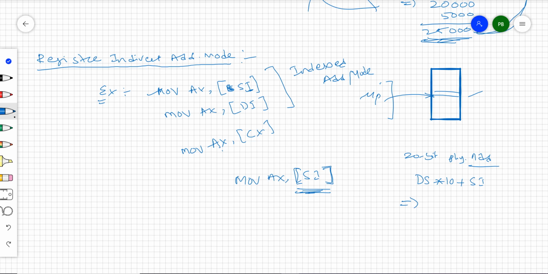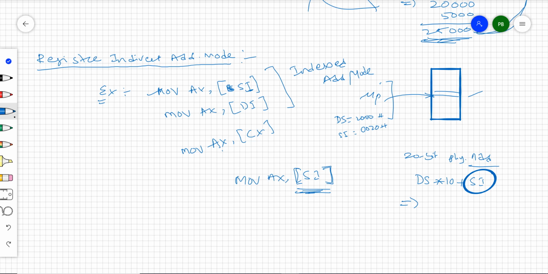Previously we directly placed some data in the brackets; here, indirectly, one register, the index register, is providing the data. For example, before execution of this instruction, DS contains 2000H and SI contains 0020H.